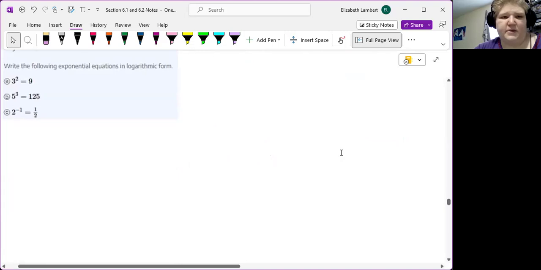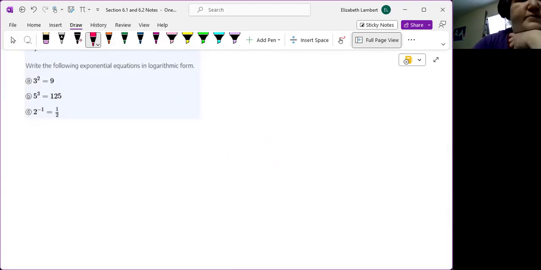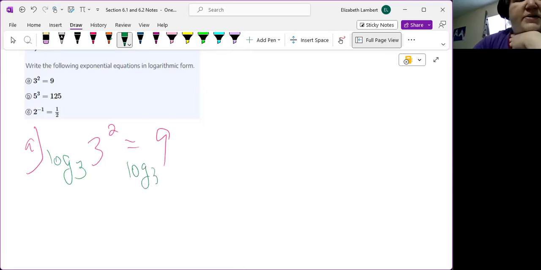All right, more. So if I have 3 squared equals 9, then I take log base 3 of both sides. I get 2 equals log base 3 of 9.